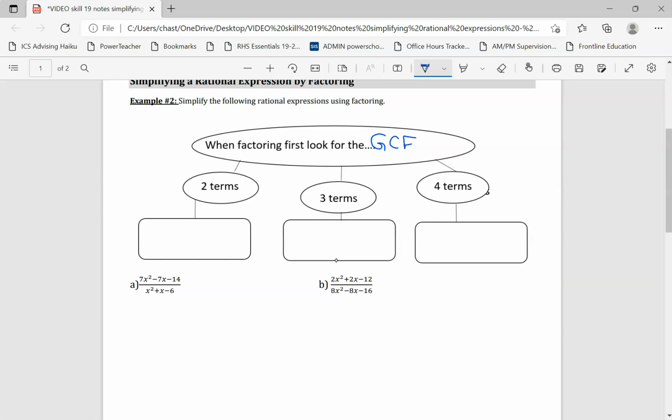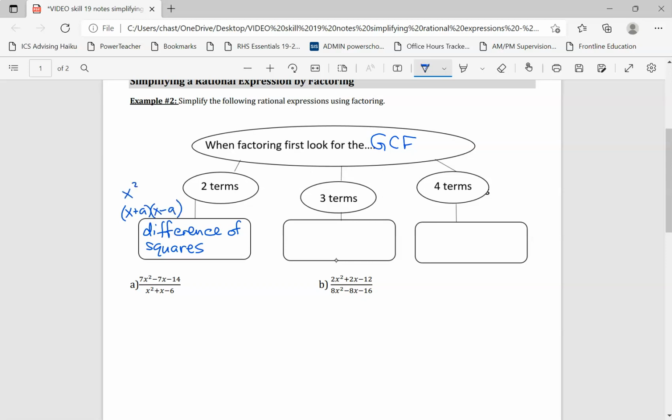Now, when you're factoring, if there are two terms, you're going to have the difference of squares. Okay. You may every now and again see a sum or difference of cubes, but most of the time it's just going to be difference of squares. Okay. That is the pattern that's going to factor like x plus a, x minus a.